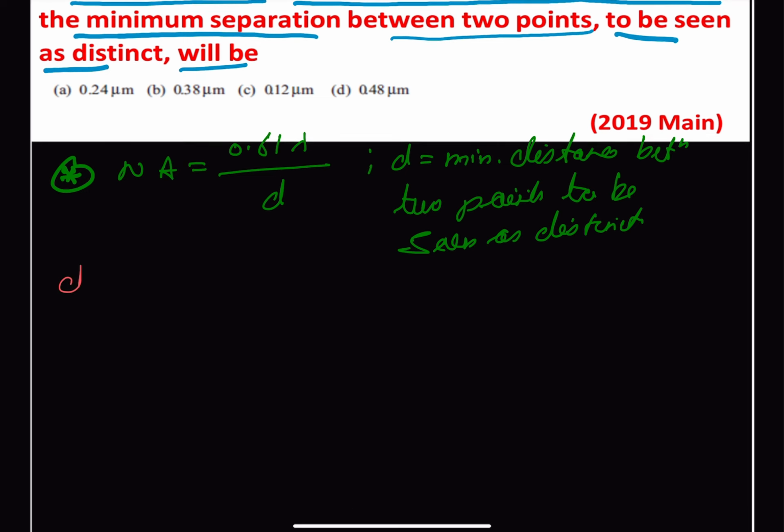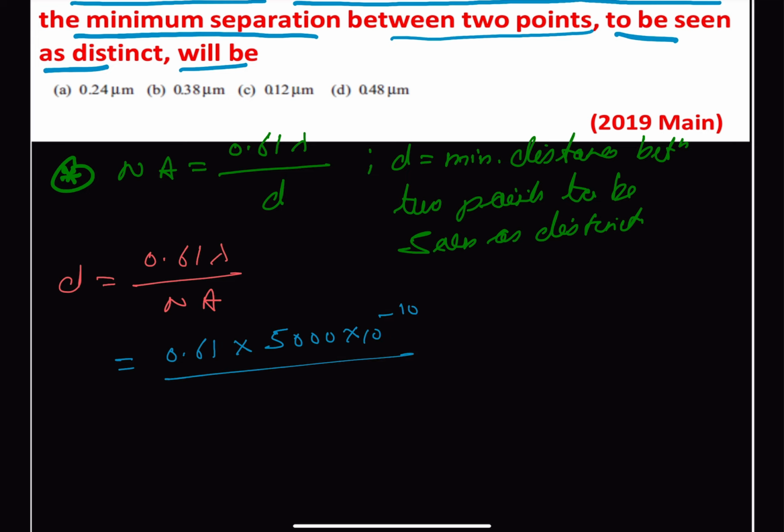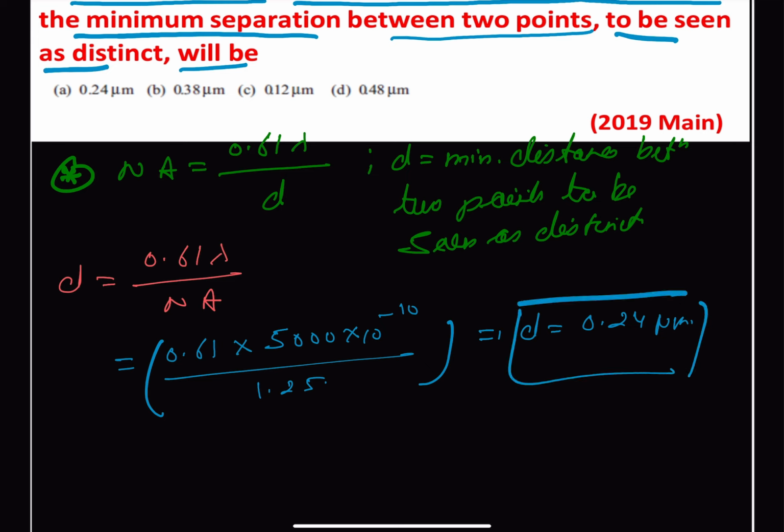From here we can write d is equal to 0.61 lambda divided by numerical aperture. We substitute the values. We have 0.61. Lambda is given as 5000 angstrom, so 5000 into 10 to the power minus 10. Numerical aperture is given as 1.25. So this gives us d equal to 0.24 micrometer. So option number A will be the correct option.